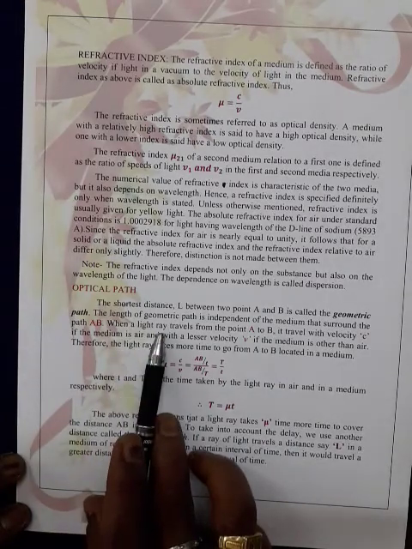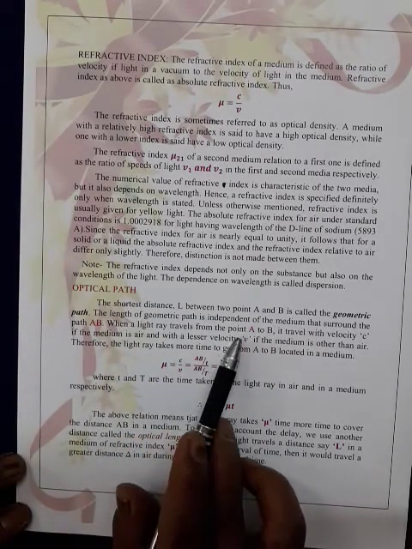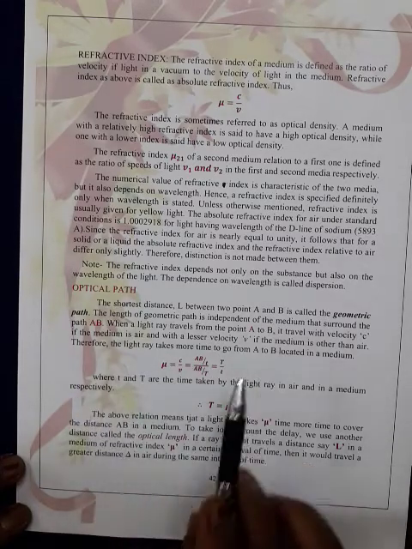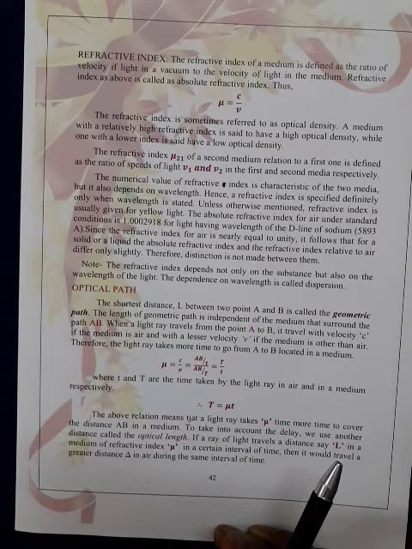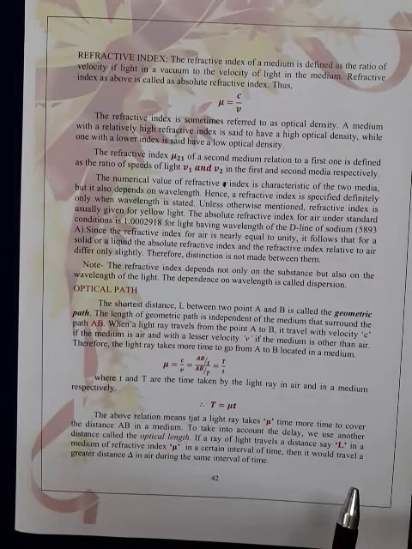When a light ray travels from the point A to B, it travels with a velocity c if the medium is air. It travels with a lesser velocity v if the medium is other than air, because here the refractive index of the second medium changes.